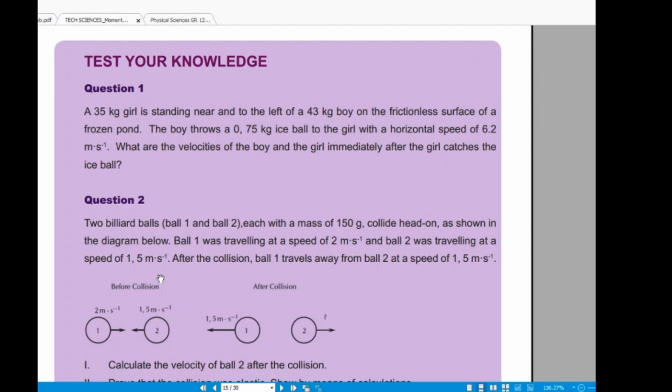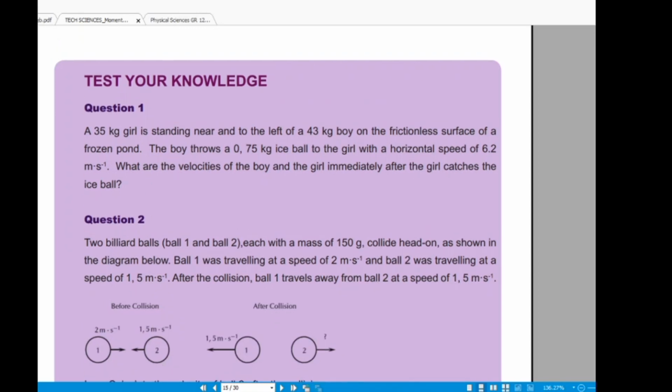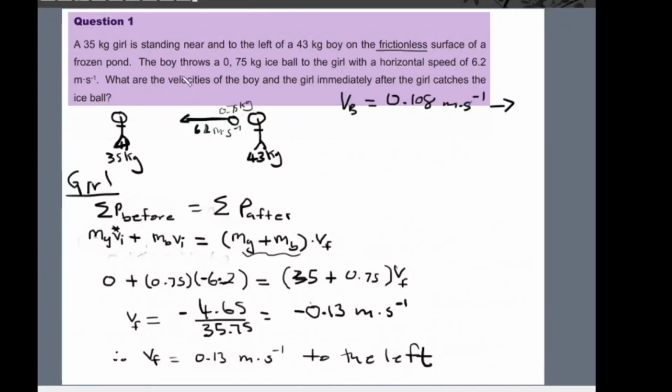So if you are given a question like this one, right? It's best that you draw a picture yourself, try to analyze the situation and what is happening. So try to visualize the scenario, so that you understand well and can see how you will approach the question.